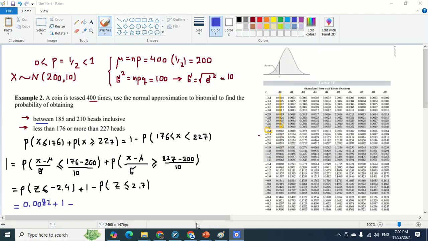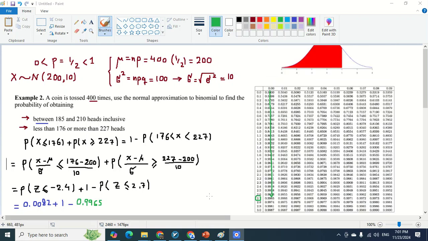So you can see the value of minus 2.4, and right now we should use the positive table as well to find the probability of z less than 2.7. Based on the information given in the table, the corresponding value for the probability of z less than 2.7 is equal to 0.9965, and we evaluate that probability as well.